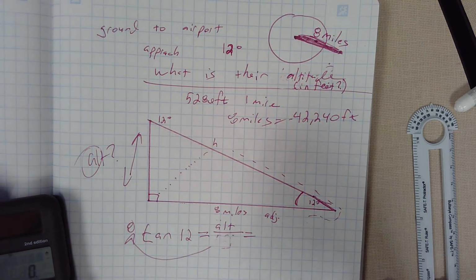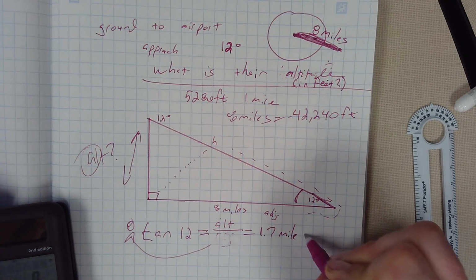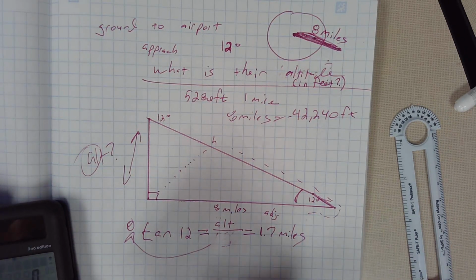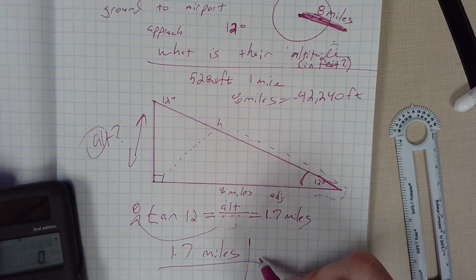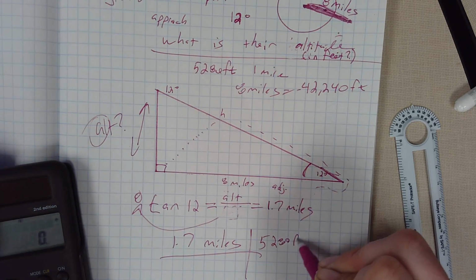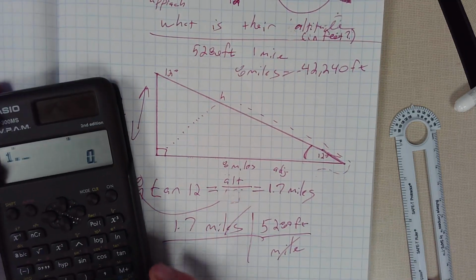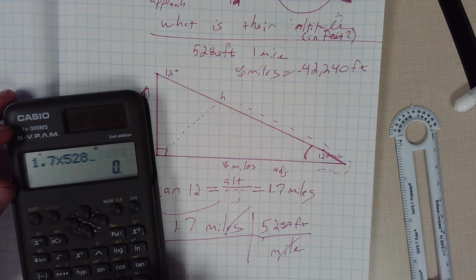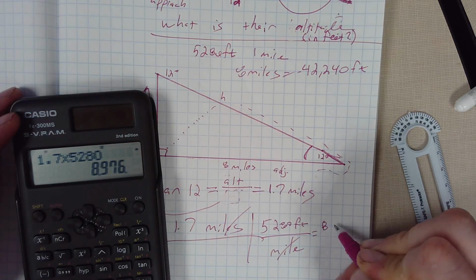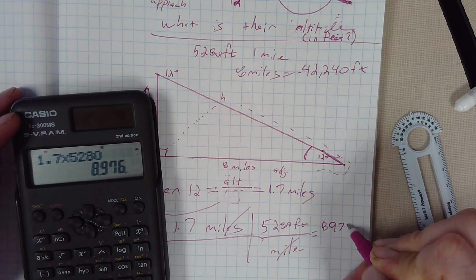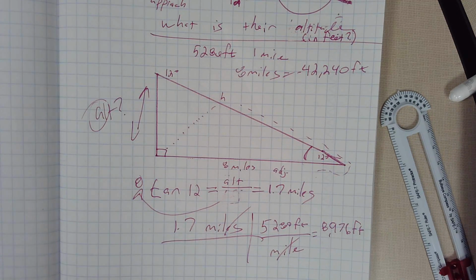Oh wait, no, that's not 8. 8 is 8 miles, so 1.7 miles. 1.7 miles times 5,280 feet per mile equals 1.7 times 5,280 equals 8,976 feet. Okay, so that is how you do that.